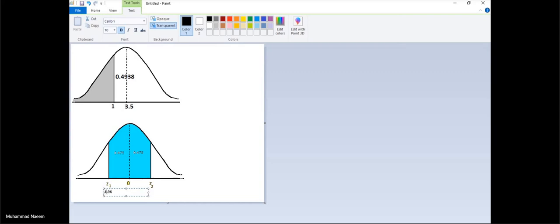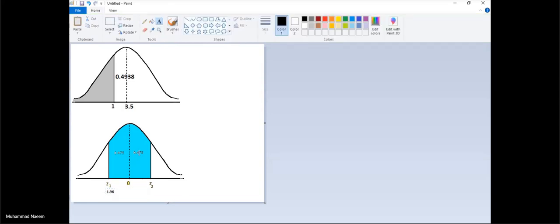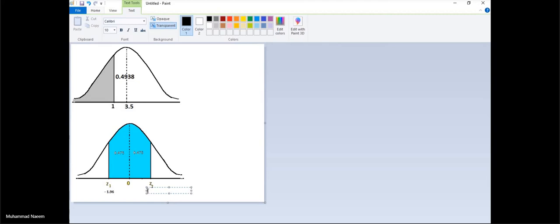But due to being on the left hand side, this point is negative. Okay, the same area we have on the right half. So the corresponding point will be 1.96. This will be positive due to being on the right hand side.